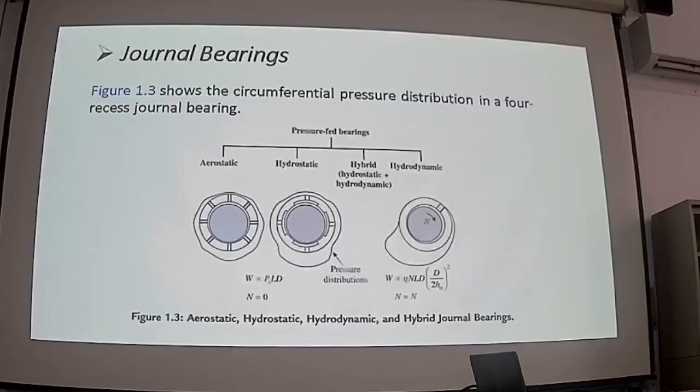If you are running at 100,000 RPM, then you need to consider a hybrid bearing design, or the hydrodynamic effect for your full film bearing. But I would say the influence is still limited, only a 5 to 6% increase in stiffness and load.